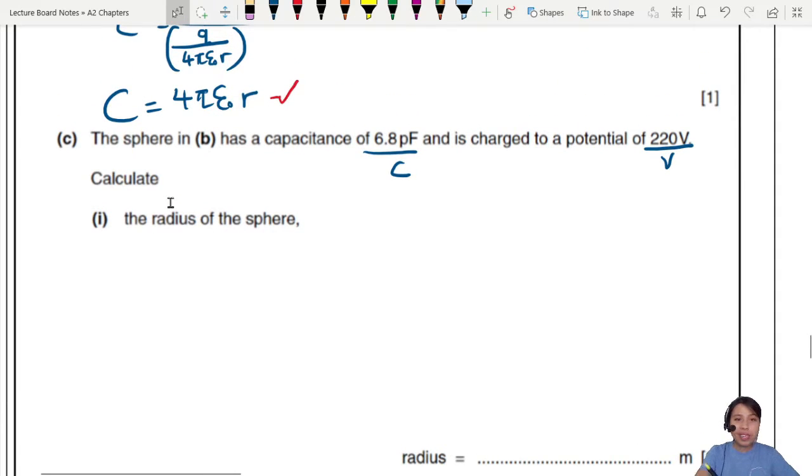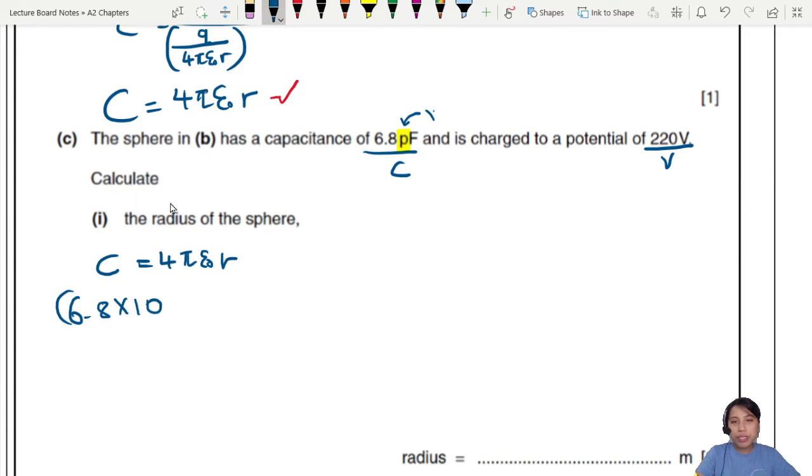But we do know that C equals 4 pi epsilon naught R, and we can use that straight away to find R. No need to care about Q. Okay, very nice. So you know this is 6.8 pico. Please don't forget your prefixes: times 10 to the negative 12.